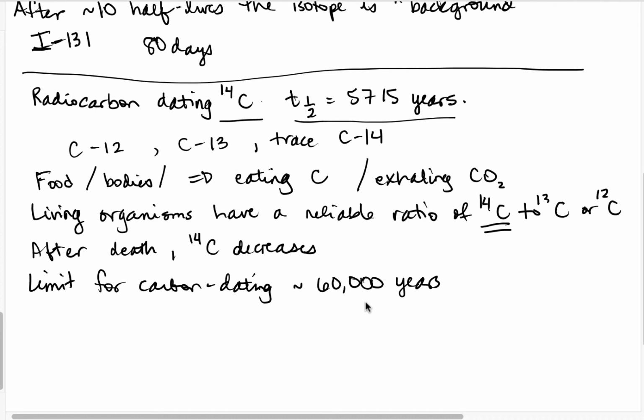That would be 57,000. So you can see that after 10 half-lives of this carbon, we're no longer able to use it for carbon dating because there's not a significant enough amount of it left. So we do have some limits on it, but otherwise it's a very useful thing for looking at things that are older than 100 or so years, but younger than 60,000 years.